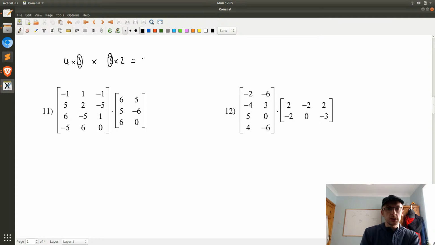And the output will be a 4 by 2 matrix. I'll put an arrow there. So a 4 by 2 matrix, like that. Make enough room for it. Okay, so we just compute and proceed.